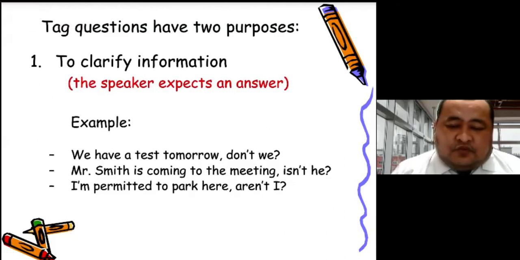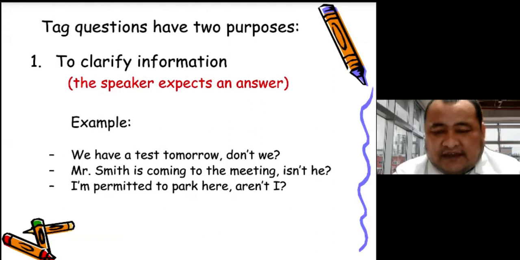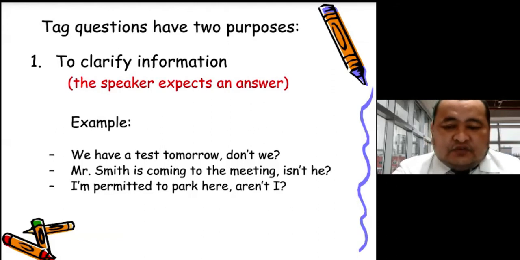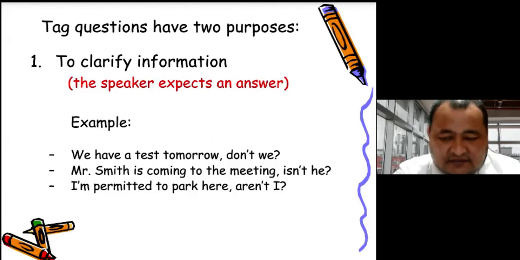Now, we can see that tag questions have two purposes. To clarify information. In this case, the speaker expects an answer. For example again, we have a test tomorrow. I know that tomorrow we are going to have a test, but I don't know whether the teacher is going to cancel or not.